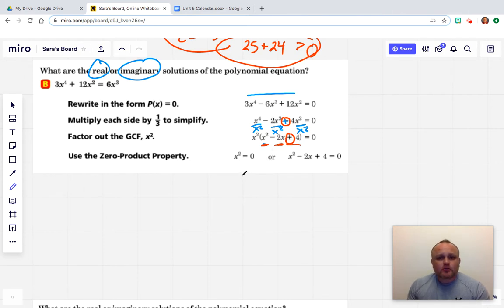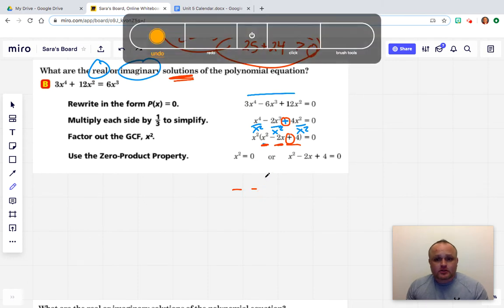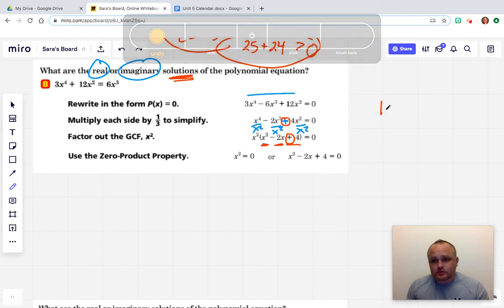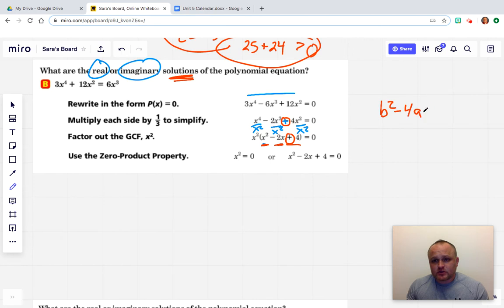So what I probably would do here, because we're looking for the solutions, is solve this for the discriminant test. So negative b. Oh, my bad, I was going to do the quadratic formula. I meant to just do the discriminant test, which is that.